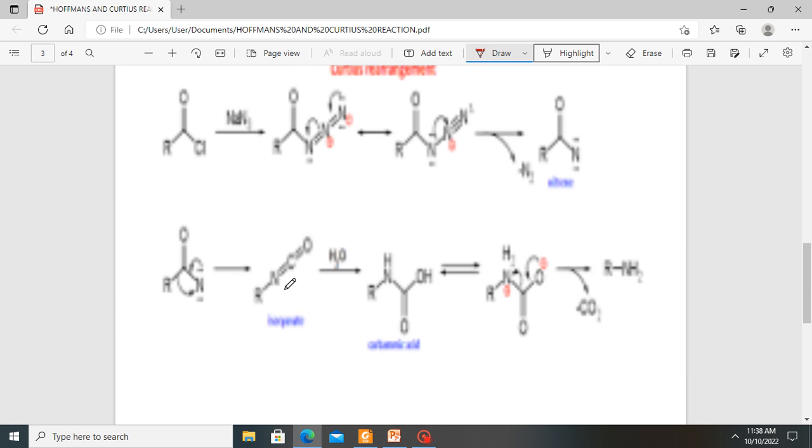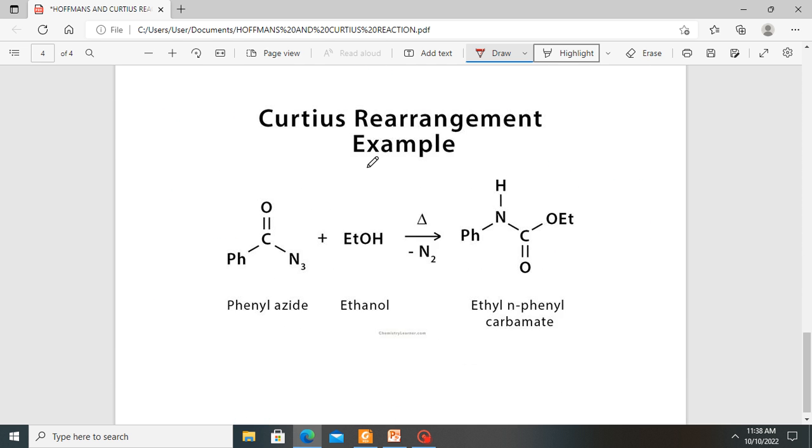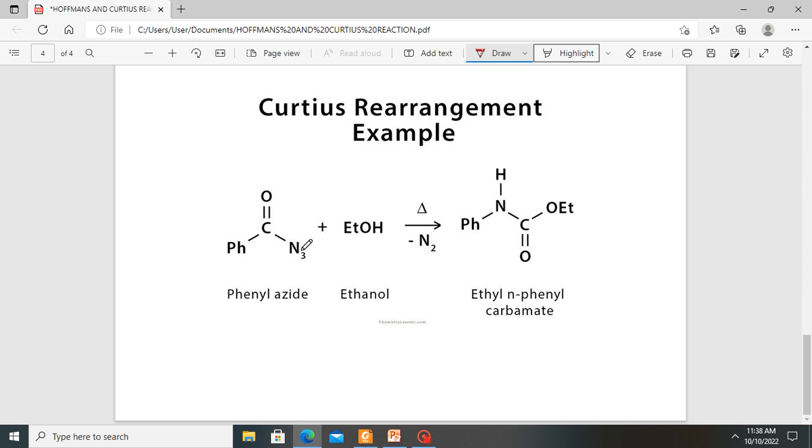So from here, if you add sodium azide to this compound, you produce an acyl azide. This one might not continue if you add different reagent at this state. So if you add, let's say, an alcohol to this compound, you produce an ester.